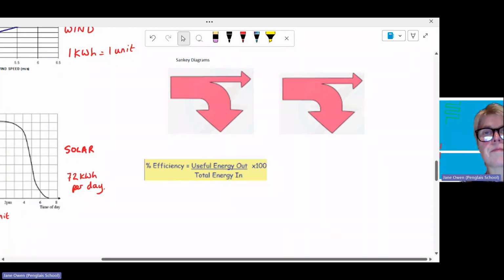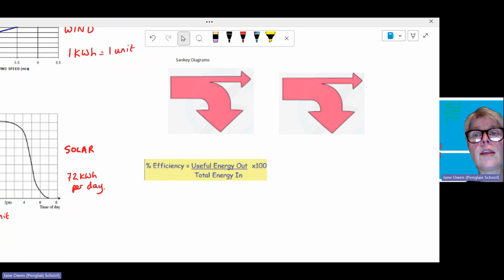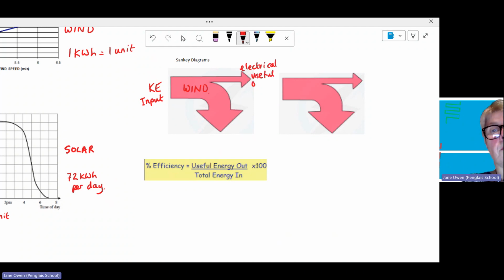So looking at the last thing, before looking at a couple of exam questions, let's have a look at a Sankey diagram. Now, this should really be drawn from the generation of electricity module, use of Sankey diagrams. If we do one for the wind turbine, the kinetic energy is our input energy, and the electrical energy is our useful output energy, because that's what we want out of a wind turbine.